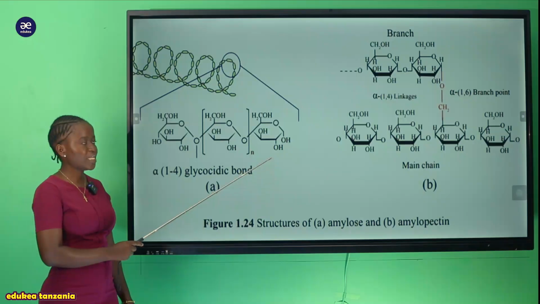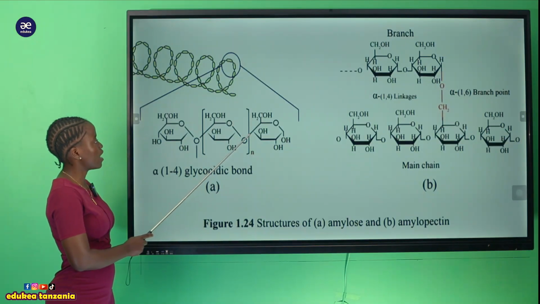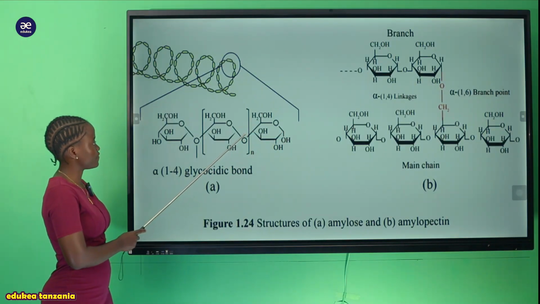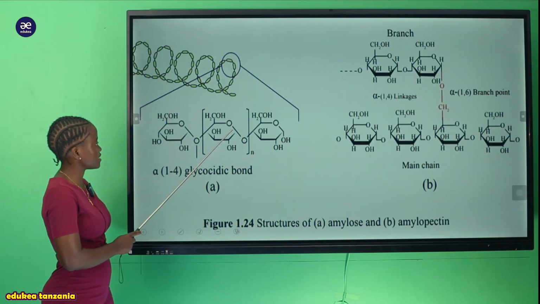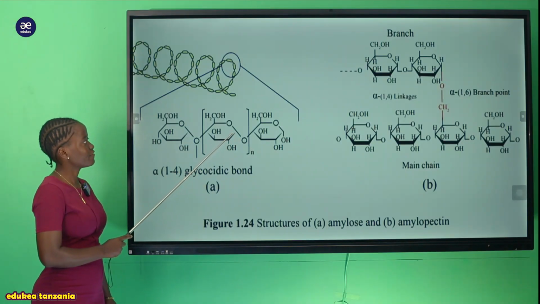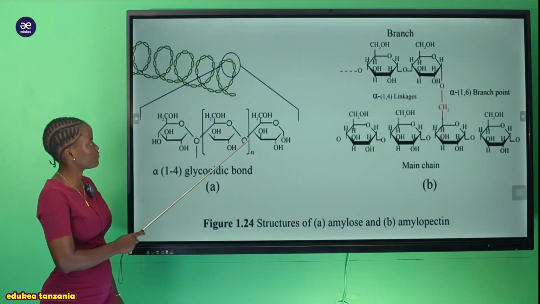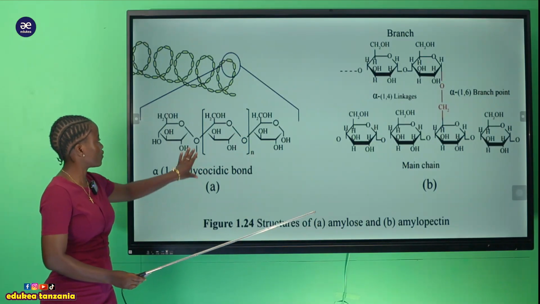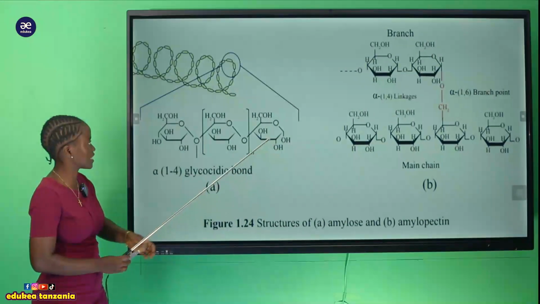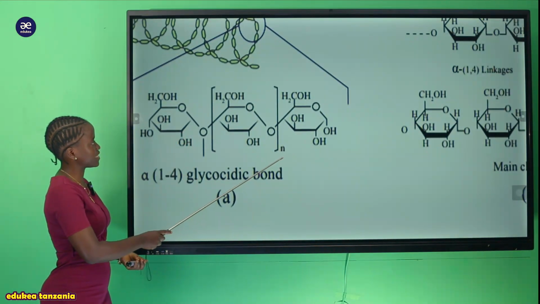So unaweza ukaona kwenye hii amylose inatengenezwa baada ya kutengenezwa kwa 1,4. This is 1, 2, 3, 4. We have here 4 and here is 1. So now you can see here is just only one 1,4 glycosidic bond. Hii ndio only 1,4 glycosidic bond.